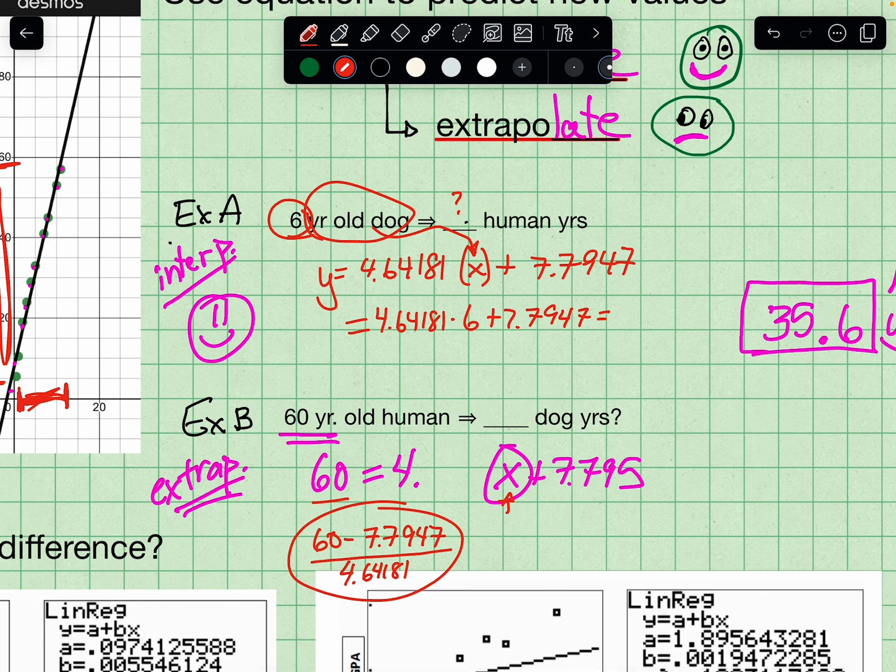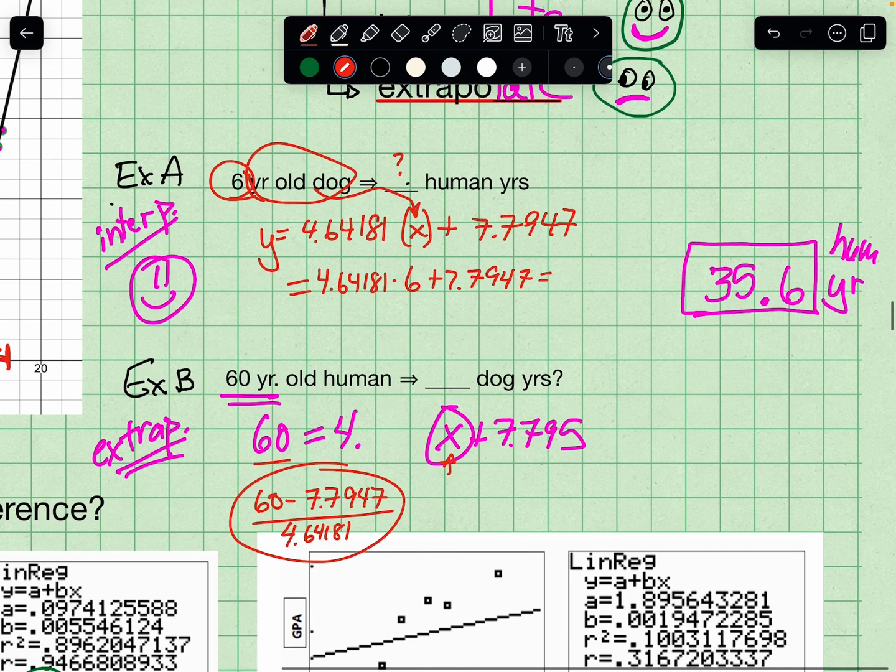I'm going to verify that on my calculator because it looks like I had some bad numbers in there. Okay, I get 11.2. So what did you get?